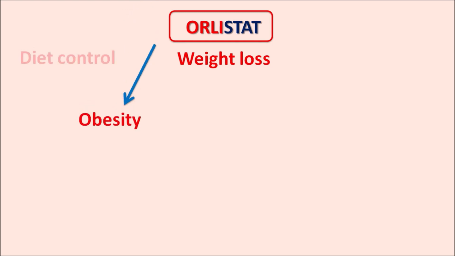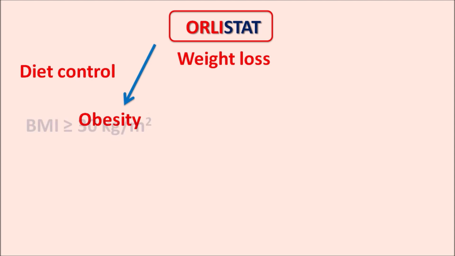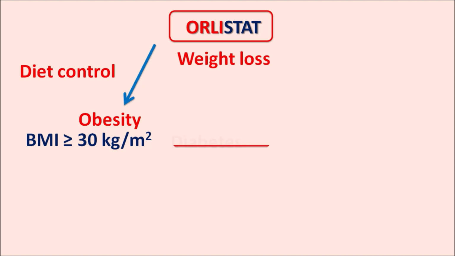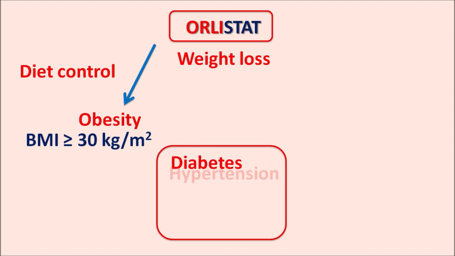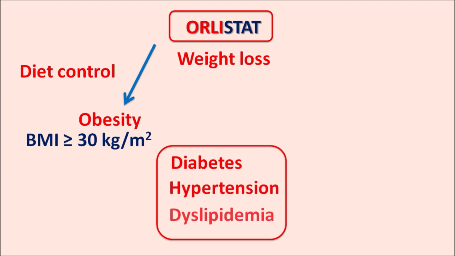Along with the diet and calorie control, this drug can be given to reduce the weight. In the patients who are having the body mass index greater than or equal to 30 kg per square meter, this Orlistat can be given. But sometimes in the patients who are having some risk factors such as diabetes, hypertension or dyslipidemia which may produce atherosclerosis resulting in cardiovascular complications, in such patients the weight should be strictly controlled.